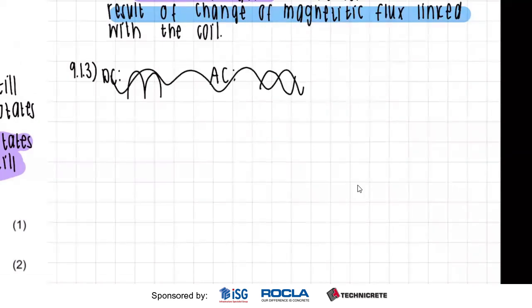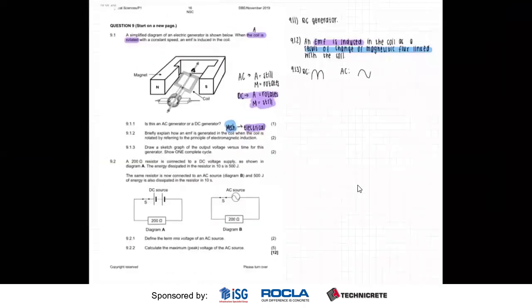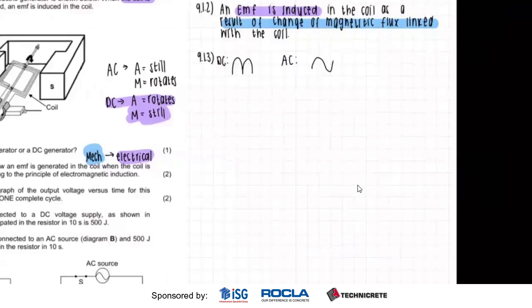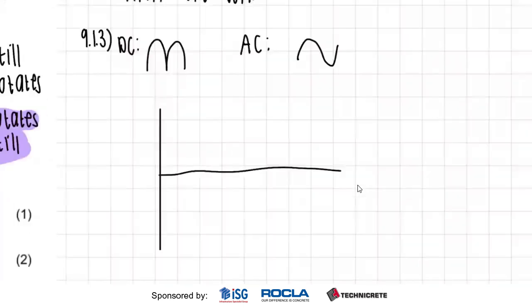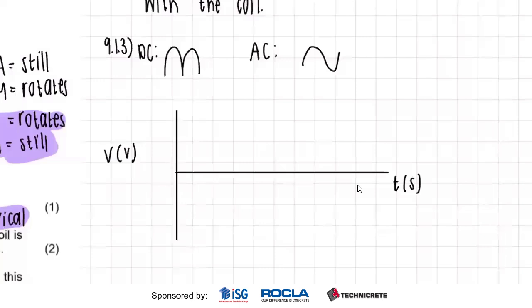We have to draw voltage versus time. Our output voltage is on the y-axis, and our time is on the x-axis. Voltage is measured in volts and time is measured in seconds.